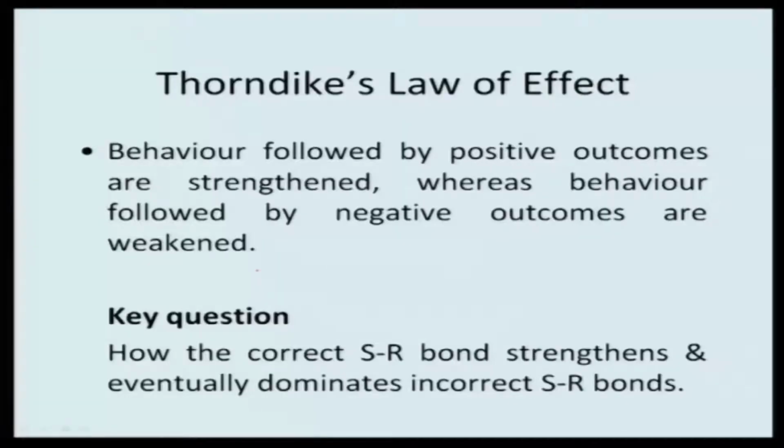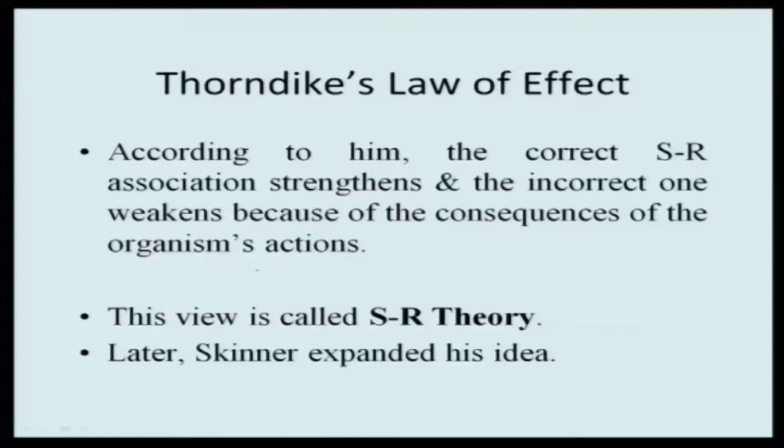A stimulus response association will be formed even if I have learned an incorrect association. How does the correction take place? According to Thorndike, the correct stimulus response association strengthens and the incorrect ones become weaker and weaker because of the consequence of the action.